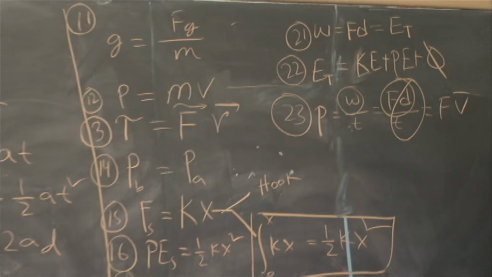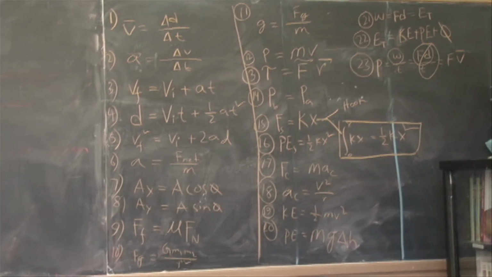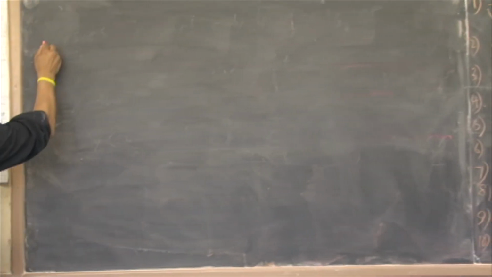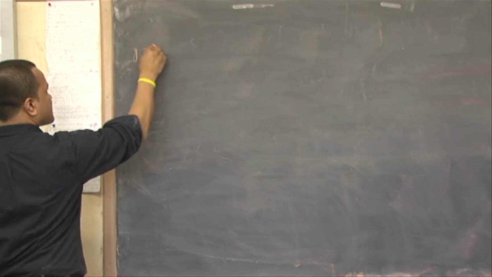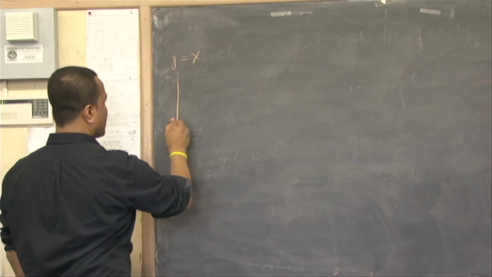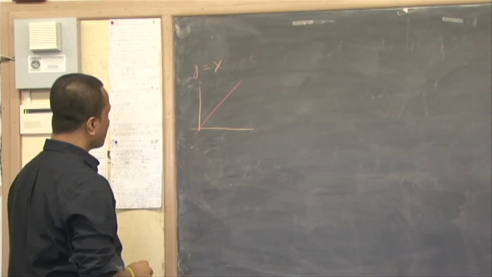Alright, so the first one, I want to see whether we have a good understanding of graphs. If y is x, then how does the graph look? This is how the graph looks.